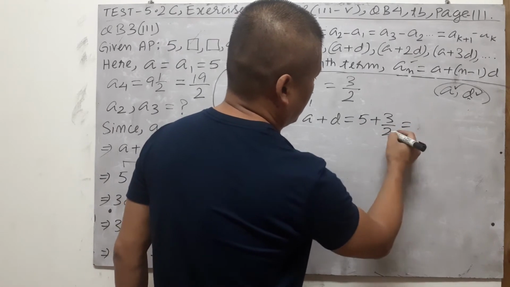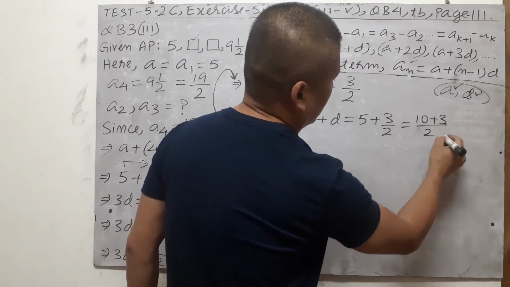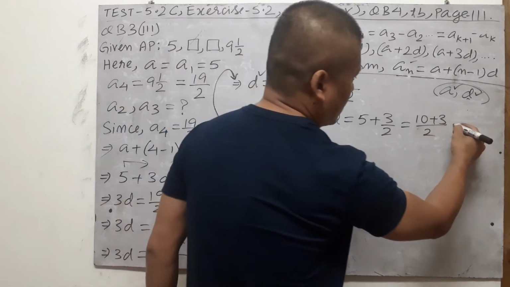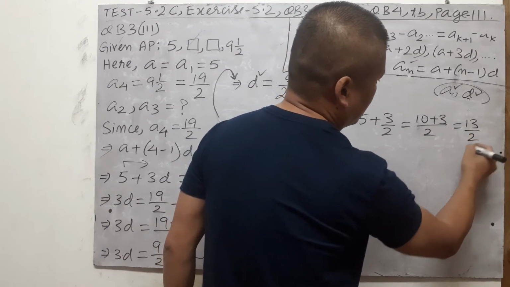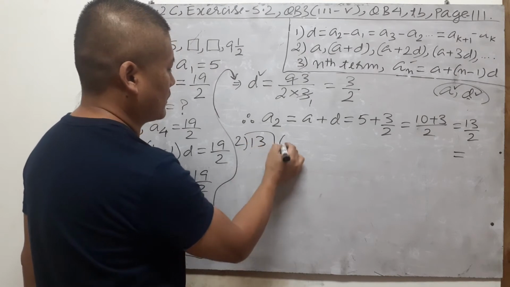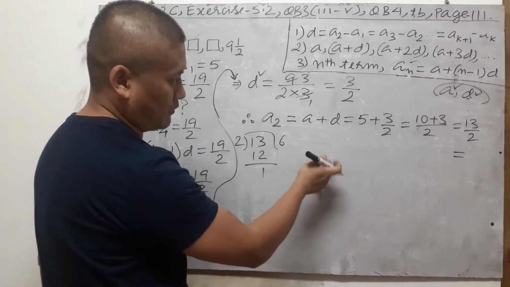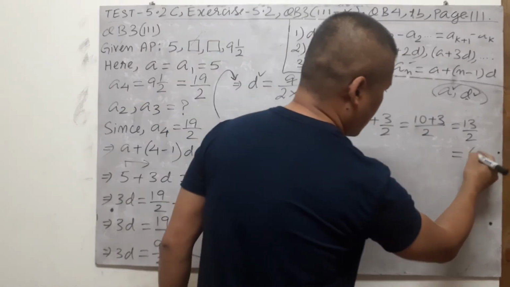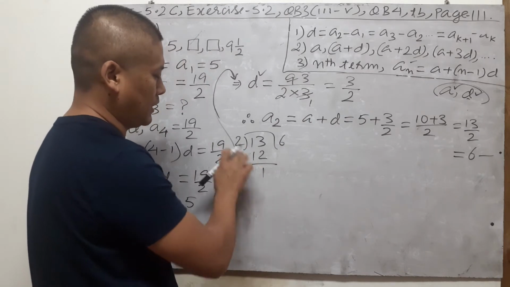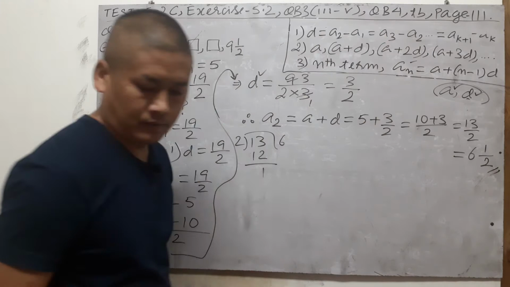Then 2 5s are 10 plus 3 by 2. Then 10 plus 3 is 13 by 2. Then 13 divided by 2: 2 6s are 12, remainder 1. So we write it in mixed fraction form, which is quotient first, then remainder by divisor, 6 1 by 2. So that is the first missing term.